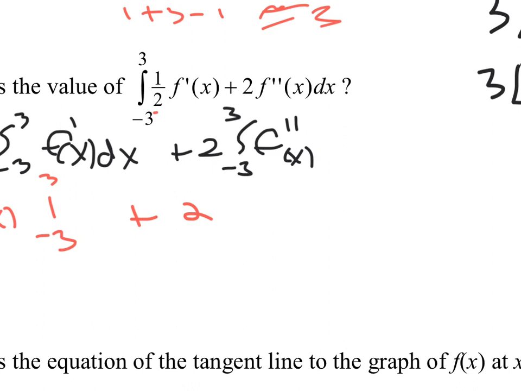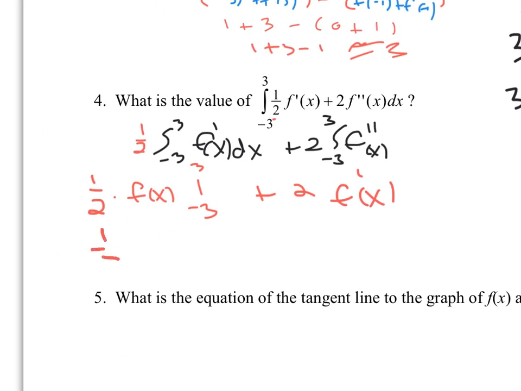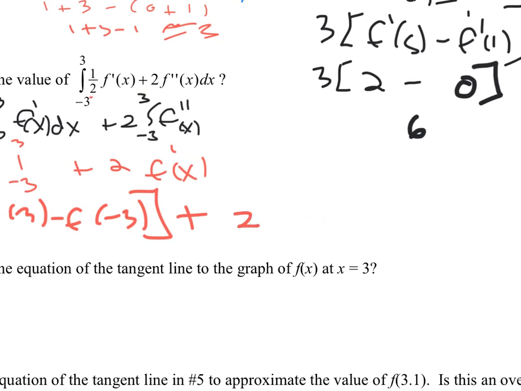So that turns into f of x, and if I pull out the 1/2, that becomes f of 3 minus f of negative 3, plus, pulling out the 2, f prime of 3 minus f prime of negative 3.